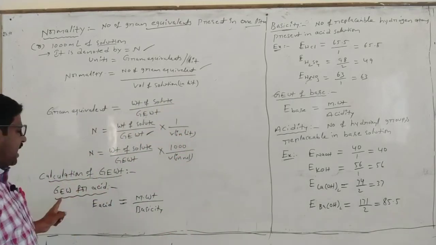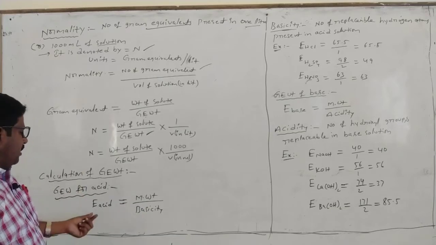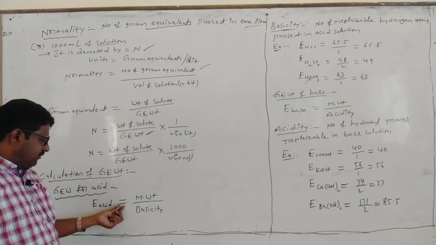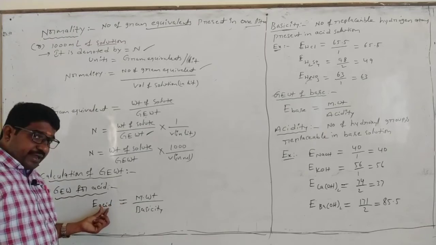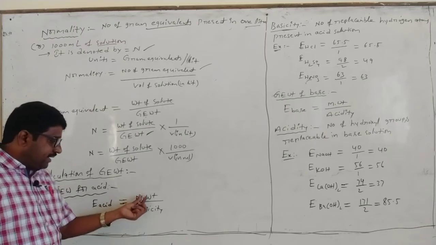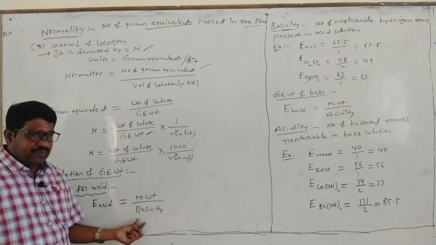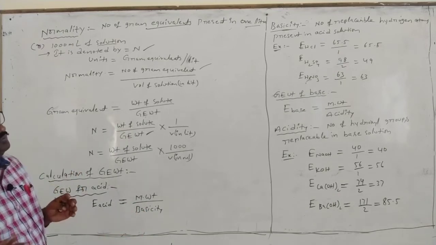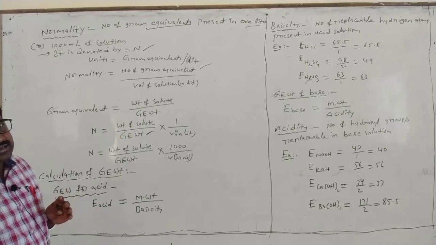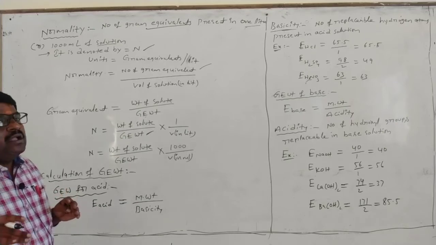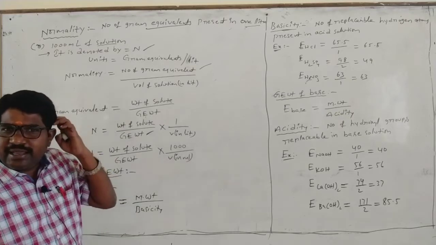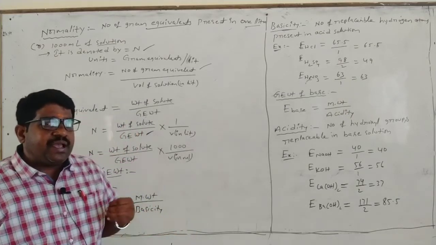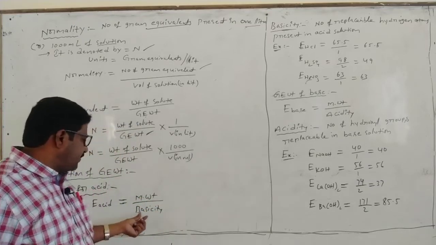Now, how to calculate the gram equivalent weight of an acid? The gram equivalent weight of an acid is equal to the molecular weight of the acid divided by its basicity. What is basicity? It is the number of replaceable hydrogen ions in the acid. Acids obviously contain hydrogen ions, so how many hydrogen ions are replaceable indicates the basicity.